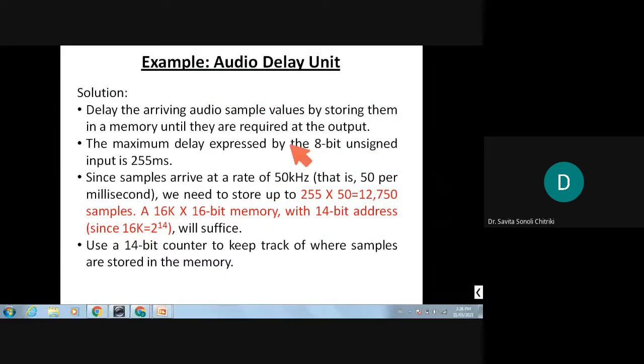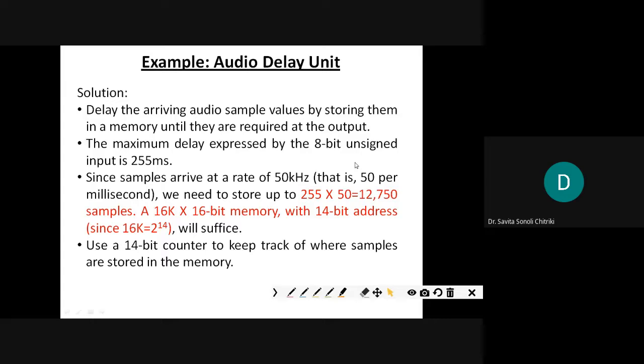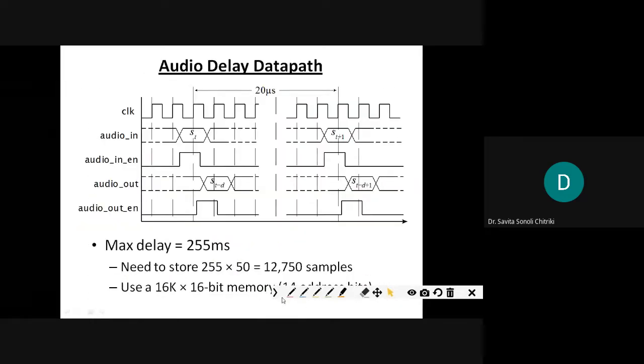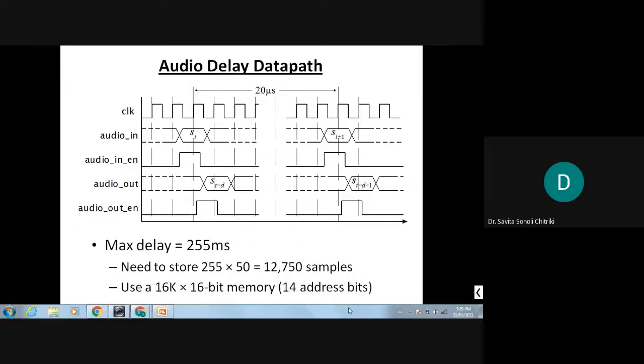So what I was teaching you: again I asked you here, the maximum delay is 255, need to store 255 into 50, so that's why 12,750 samples, so use 16K plus 16-bit memory, and we need 14 address bits.